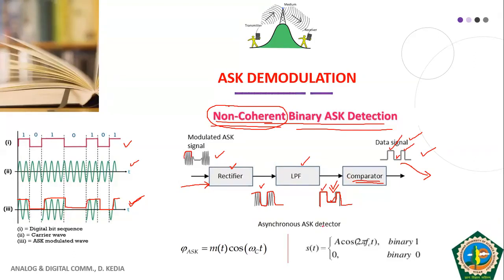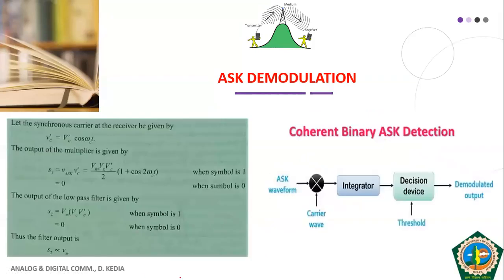Fine. Next, after non-coherent detection, we need to look into the coherent detection technique. Here in coherent detection, I told you that we will be using a carrier wave. This is a locally generated carrier, and this locally generated carrier will be processed along with my ASK signal.